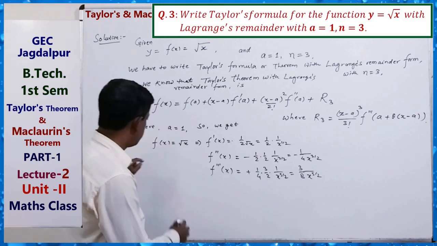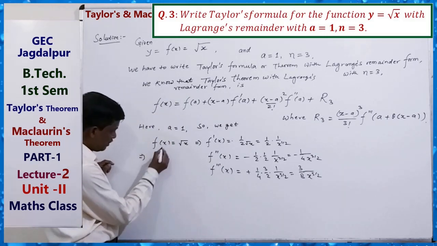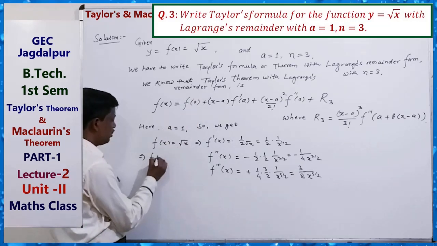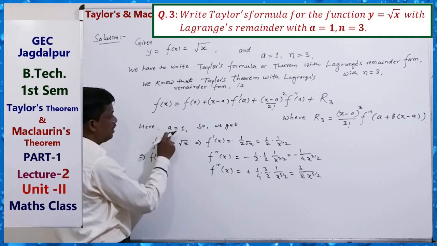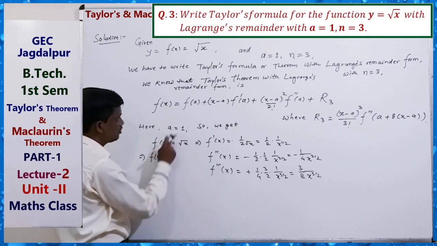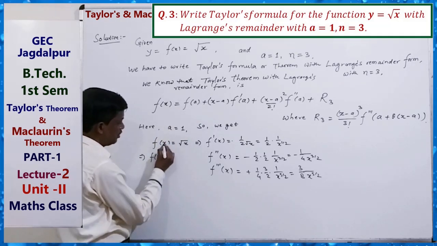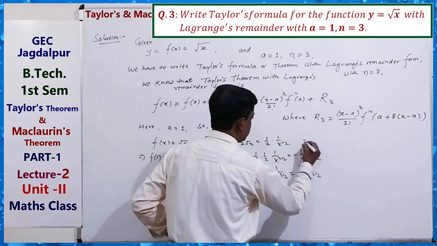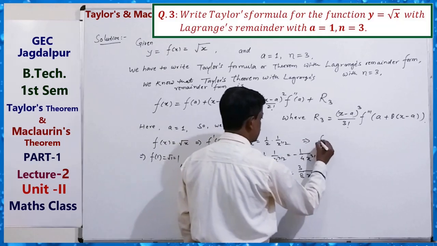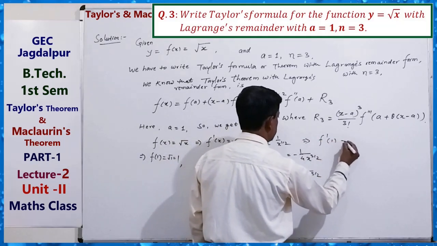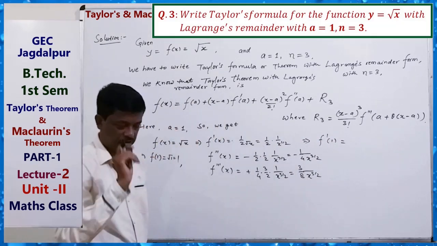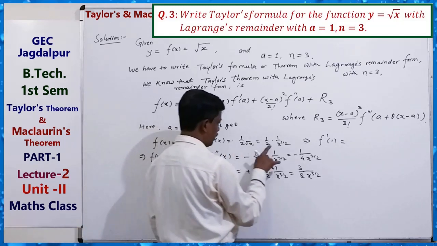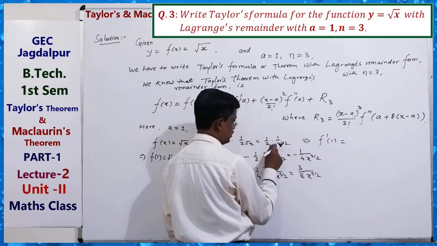So here a equals 1, so f(1) equals root 1 equals 1. Now find the value of f dash 1, which is 1 by 2.